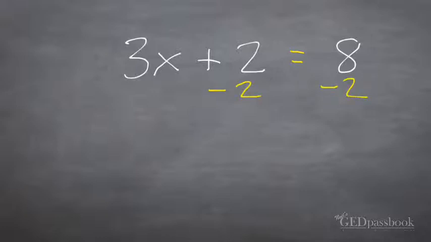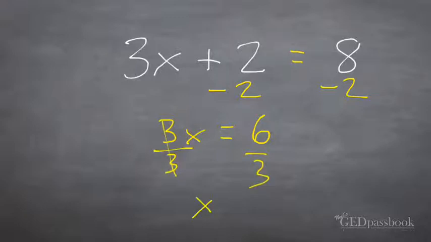Right? Leaving 3x equals, what's 8 minus 2? So now tell me, what do you do now? X equals what? 2, right?